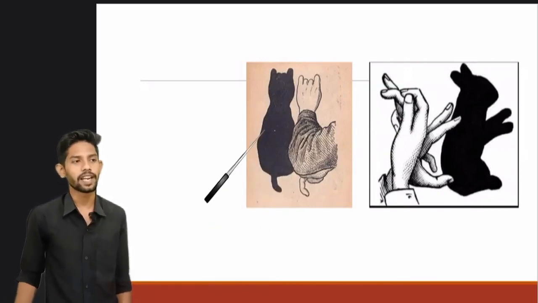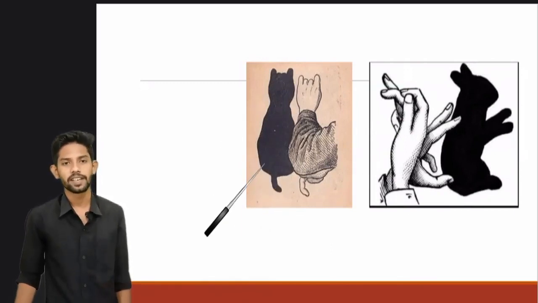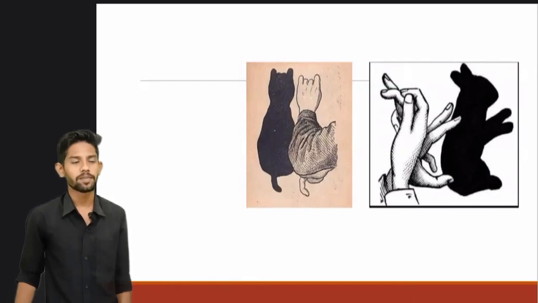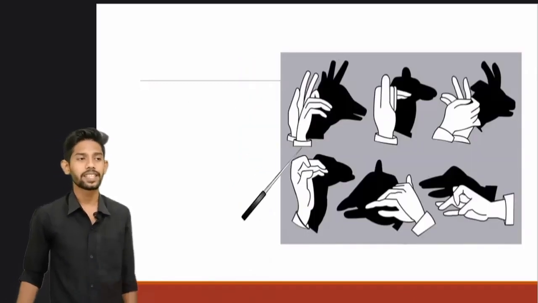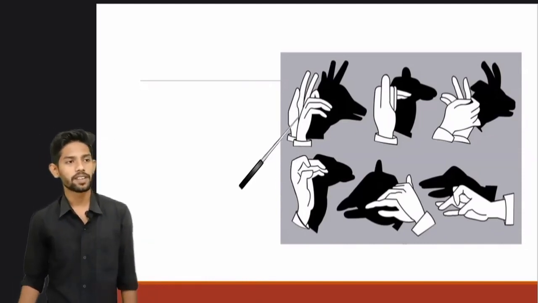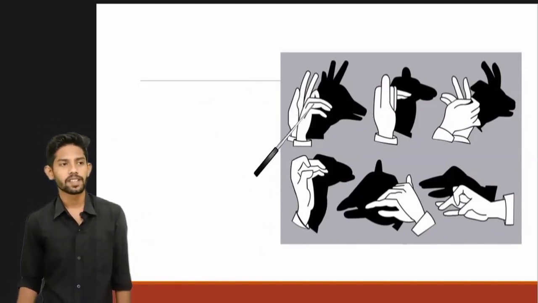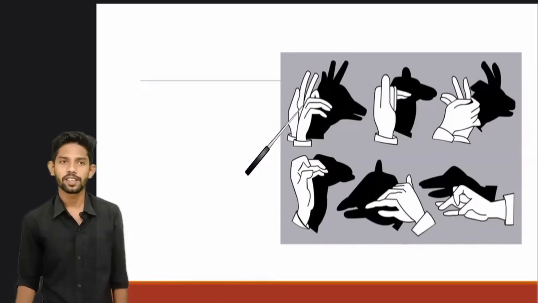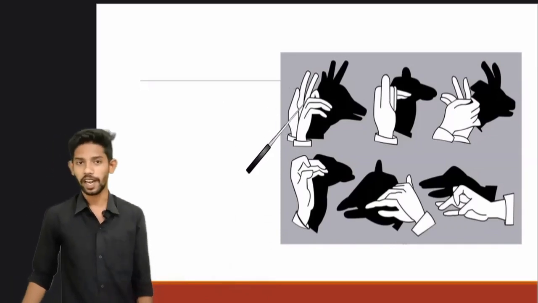It's the same cat sitting from behind, right? And there are many other shadows that we can create with our hands and fingers. So you have also tried this at home, right?